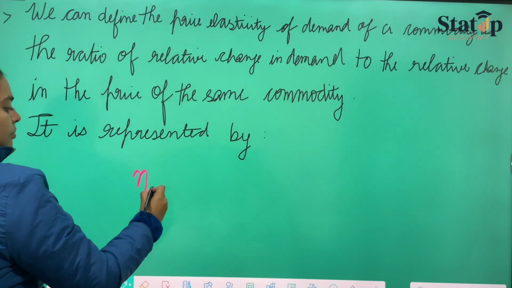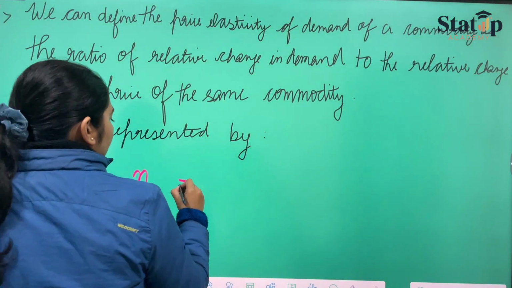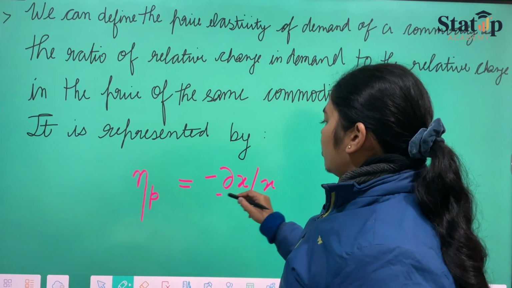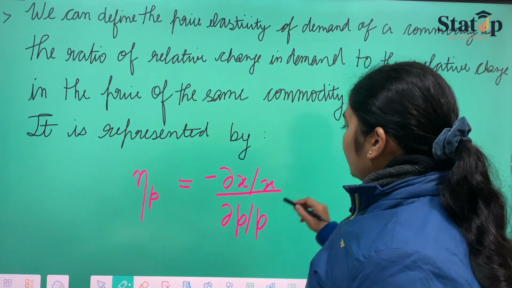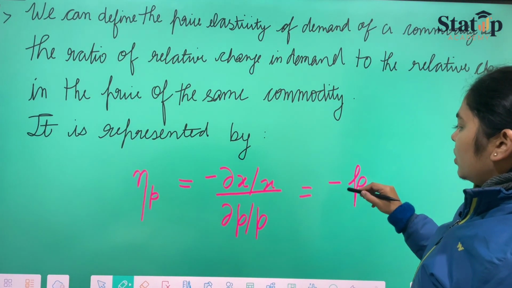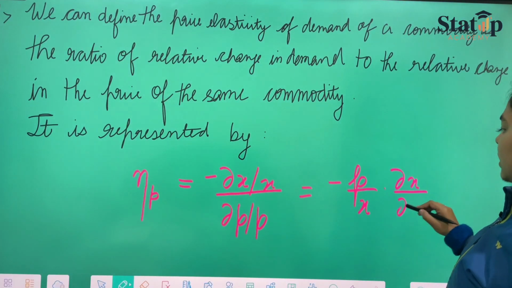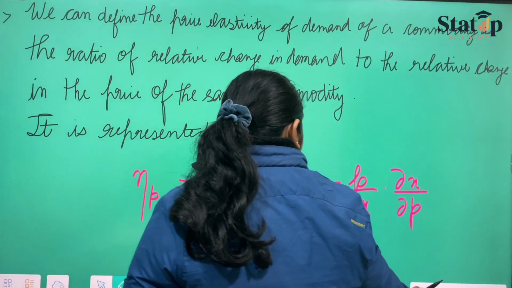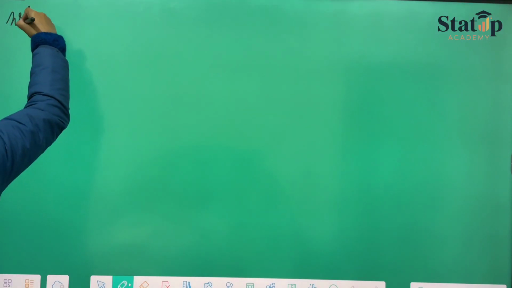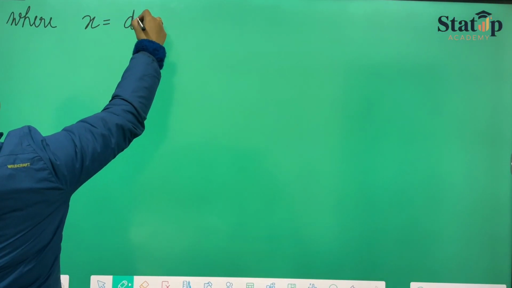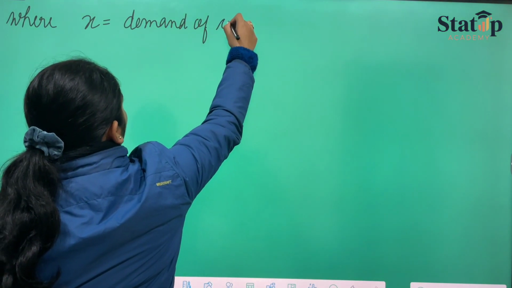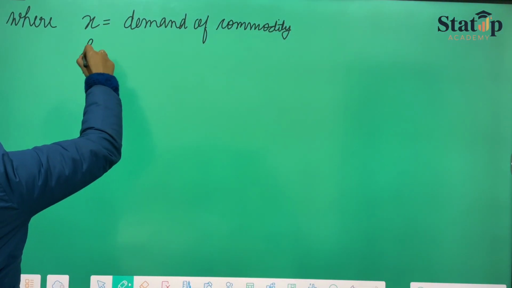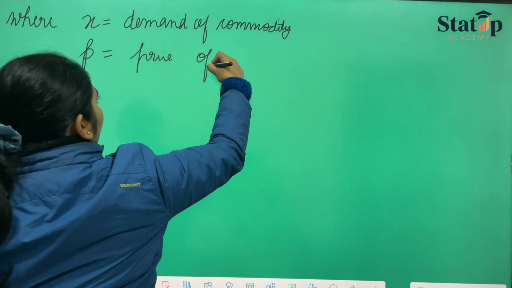We can write eta P, where P denotes the price, equal to minus delta x upon x divided by delta p upon p, which can also be written as minus p upon x into delta x upon delta p, where x is the demand of the commodity and p is the price of the commodity.